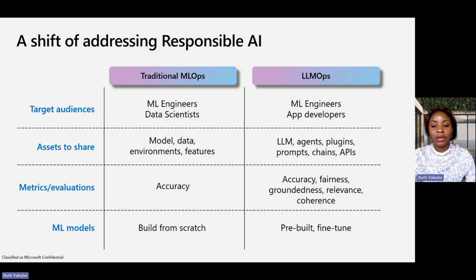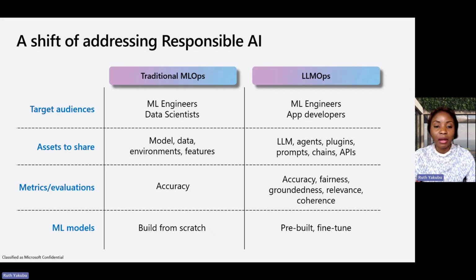Another thing is there's a shift in addressing responsible AI and the different metrics that we use to evaluate models when we're building AI solutions. So the very first thing is, when you're dealing with traditional machine learning models, the audience is usually machine learning engineers and data scientists.